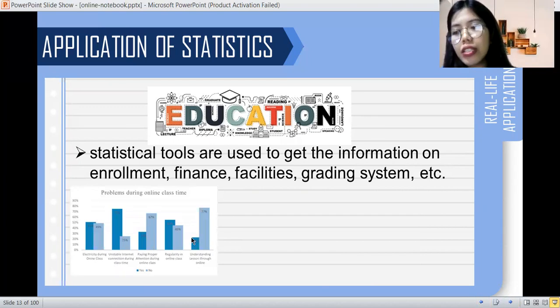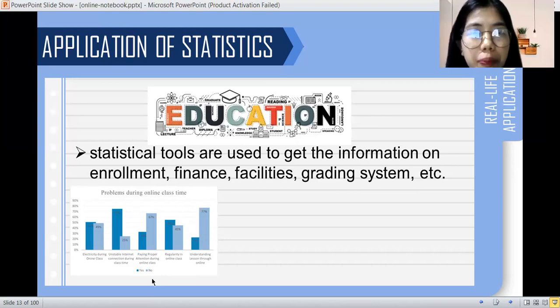Now, we use statistics to improve the quality education. And then, dito sa statistics, ma-identify natin yung mga factors affecting the performance of the students during online classes.